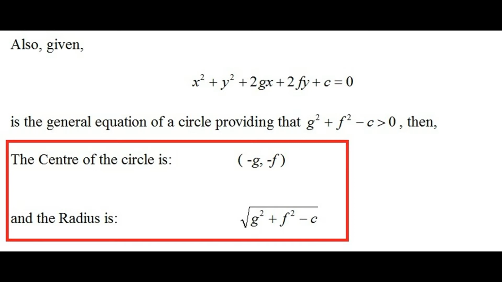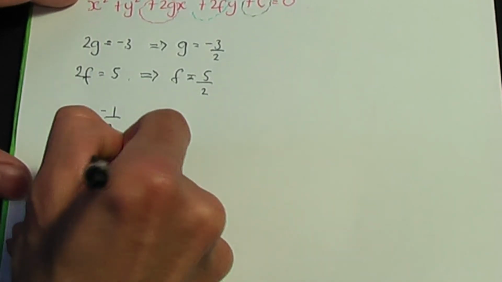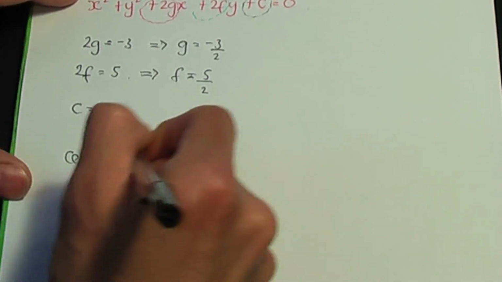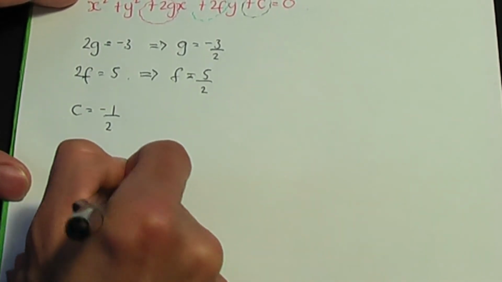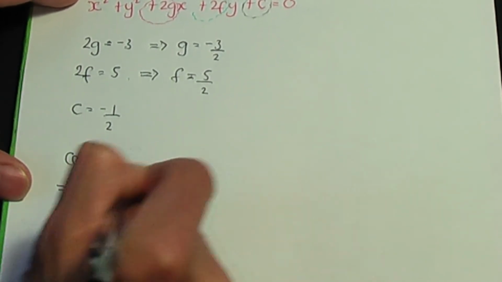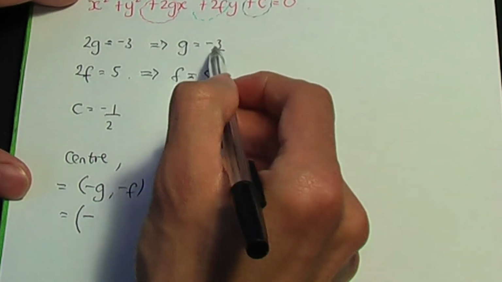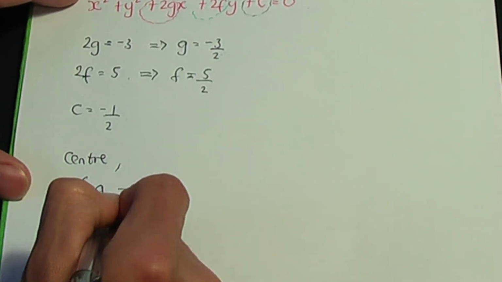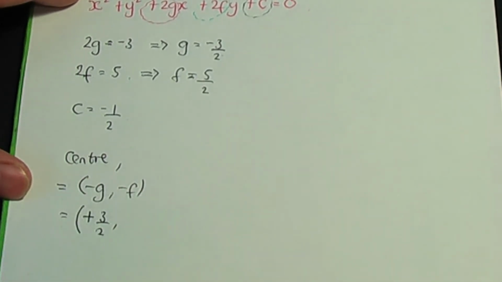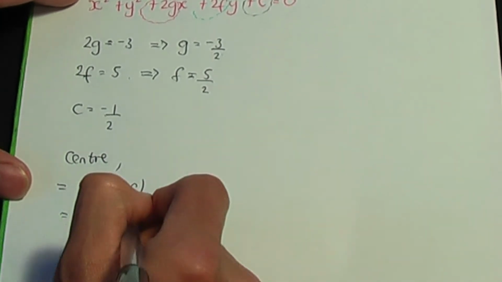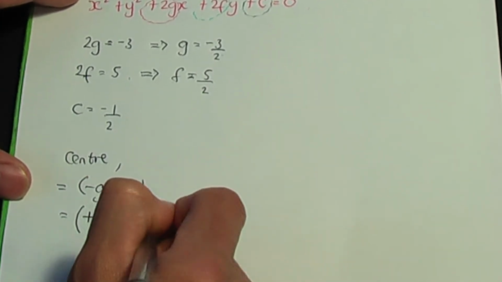So the centre will be minus g, minus f. The g value is minus 3 over 2, minus into a minus is plus, so plus 3 over 2. The f value is 5 over 2, so it's minus 5 over 2.